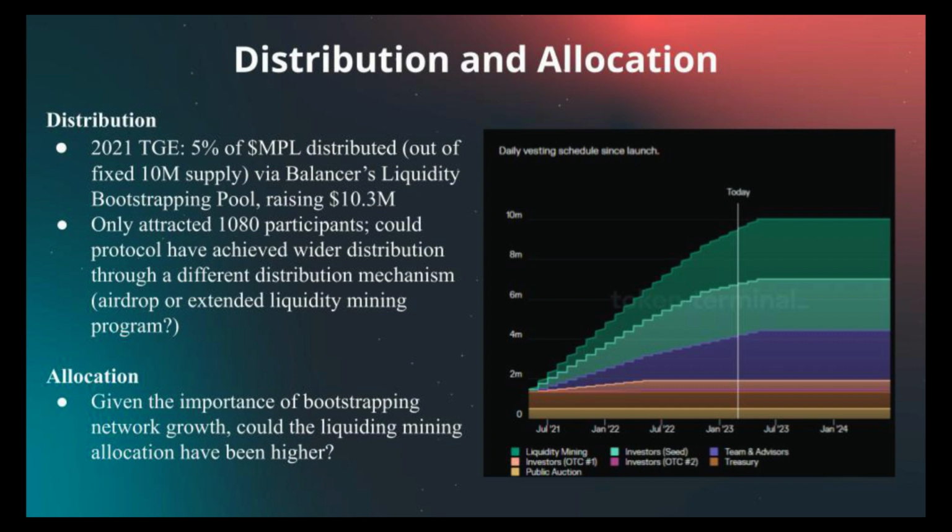So the point I'm trying to make here is that, in my opinion, with marketplaces, there needs to be more allocated from the token genesis event allocation to incentives to drive network effects, to drive activity on the platform, and maybe just increase the public auction or initial supply that's available to the public. But I'll stop there and see if anyone has questions.